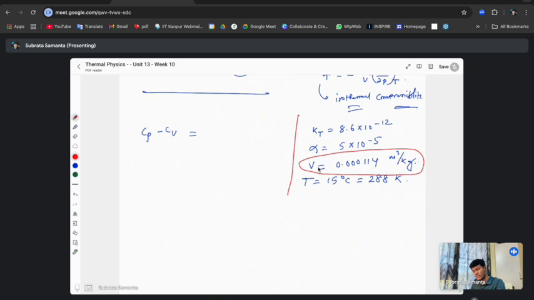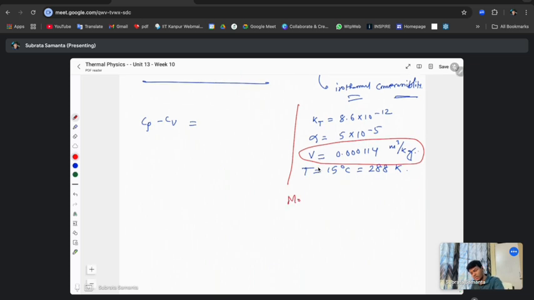So what is the molar mass of copper? The molar mass of copper is basically 63.546 u, right? The atomic units. Okay.